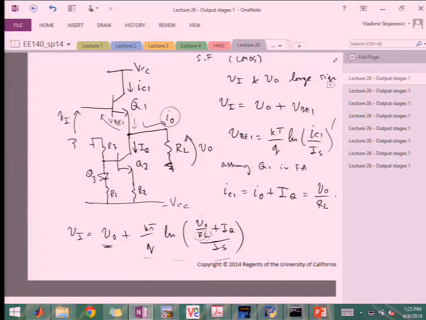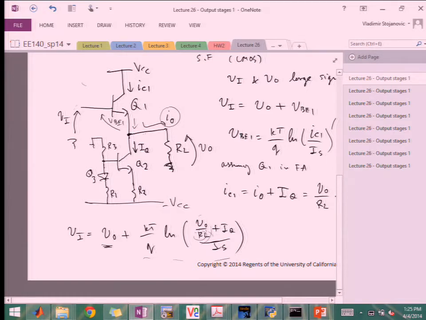How big of a VCE can I have before I start going out of forward active region on this transistor? Yeah, or VCE sat, right? So this voltage can climb up, and correspondingly VI will have to come up all the way till this output hits VCC minus VCE sat.